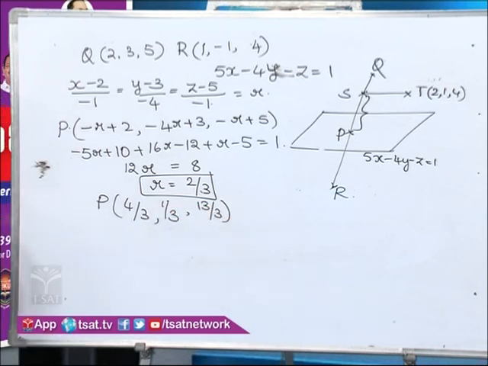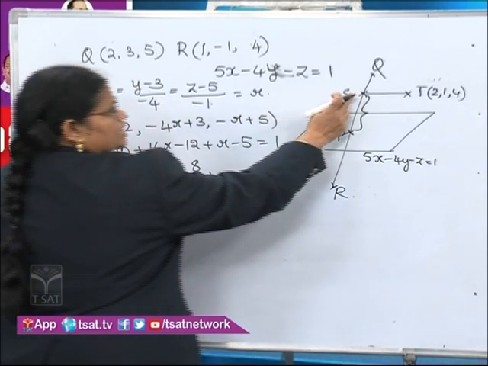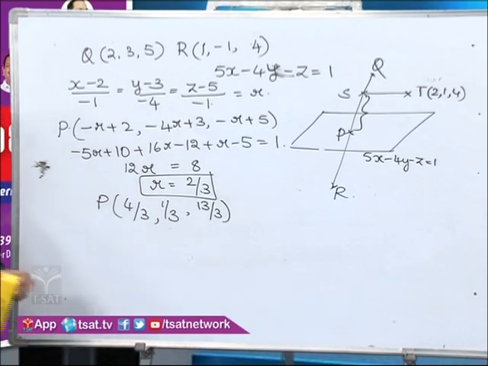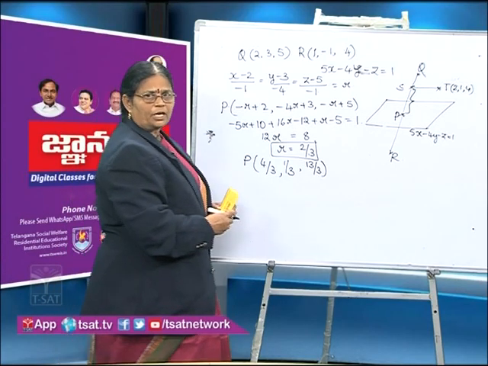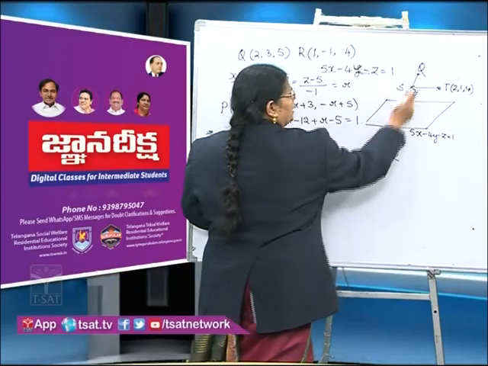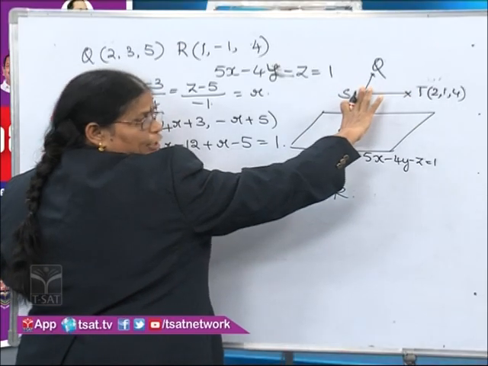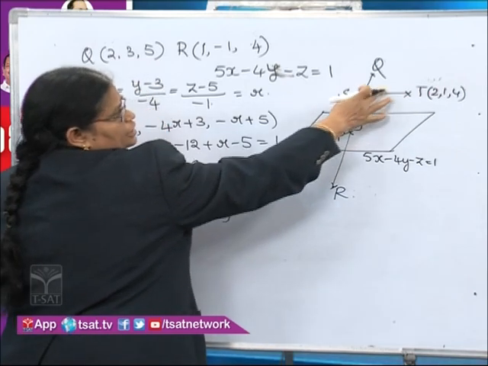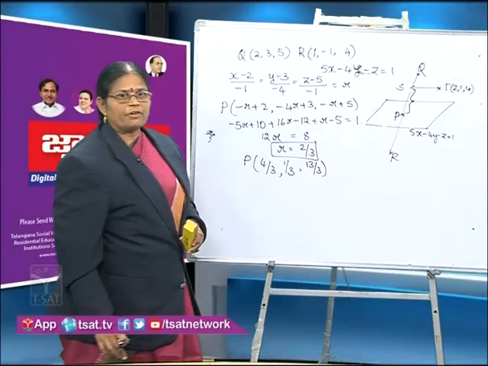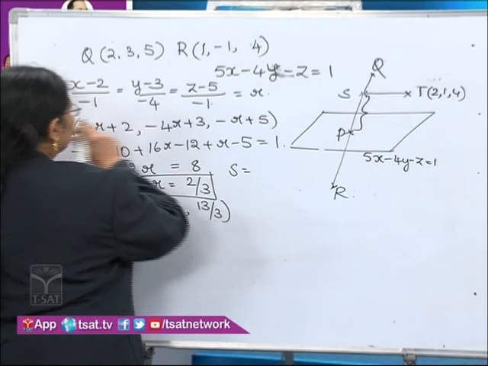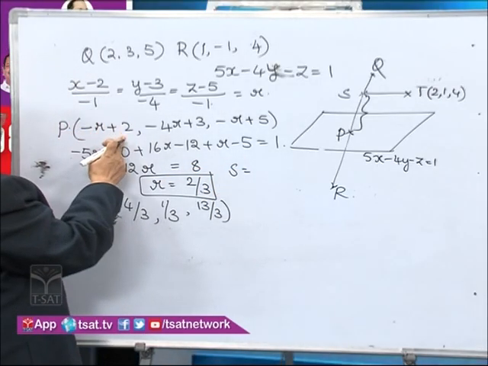This is the point P. Now the second part of the question is, S is the foot of the perpendicular from T. So you need not find out the foot of the perpendicular here. Let us write again any point on this line, and because this is the line perpendicular to this, we use the condition for 2 perpendicular lines when we know the DRs.